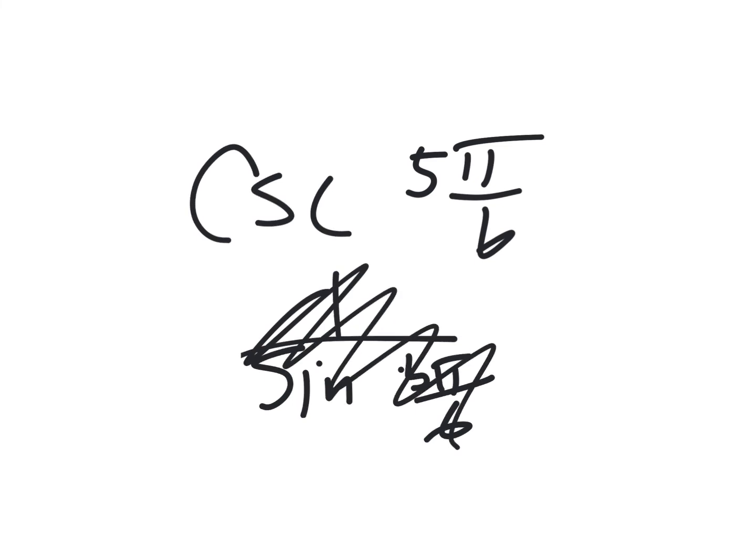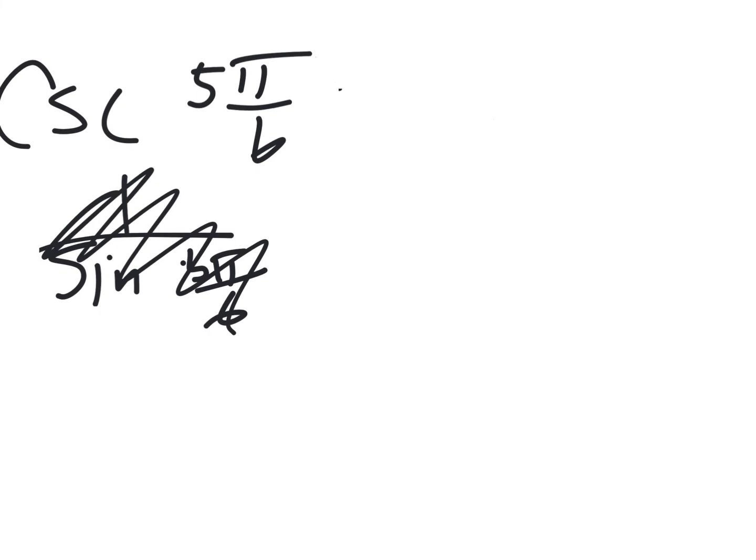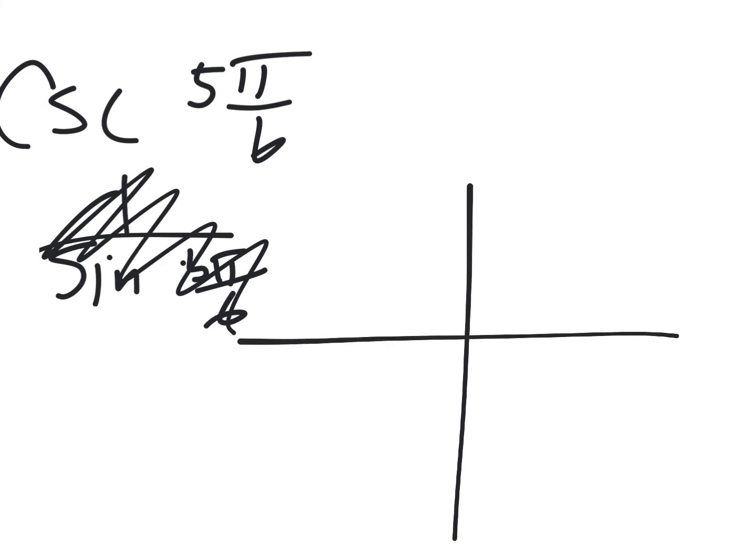Realize that cosecant is the sister function of sine, and so you're really going to be doing sine of 5 pi over 6 and then flip it. Obviously, it's important to flip it at the end or you're just doing sine. All right, so here's where 5 pi over 6 is. By now, I'm hoping those are coming pretty quick for you. And then I draw my little triangle. I know it's a 30, 60, 90 because it's pi over 6, or 30.